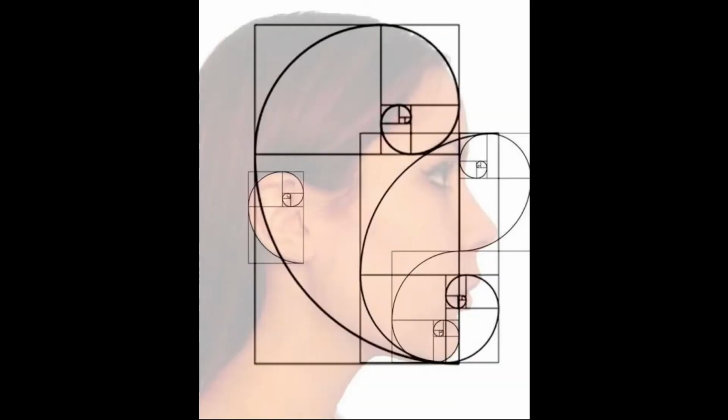Another example is the human body, which contains various Fibonacci sequence proportions, from our face, to our ears, and to our hands. It's amazing, since we've all been confirmed mathematically wonderful. Observe the distance between my shoulder to my elbow, and from my elbow to my fingertips.